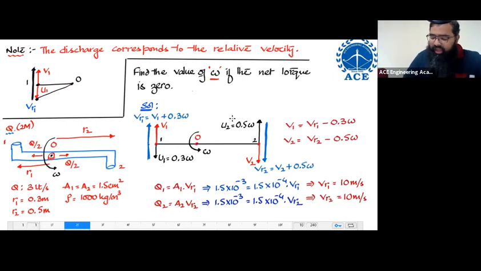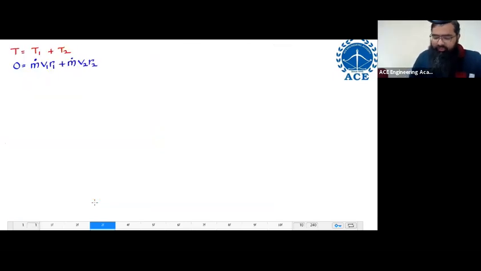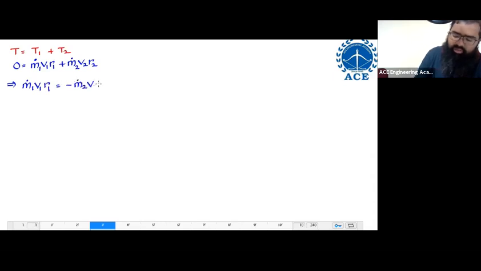Since both of them are having same direction of rotation with respect to point O, therefore I'm adding them. Okay, fine. Now I can write this implies m dot 1 and m dot 2 should be there. M dot 1 into V1 into R1 has to be equal to negative of m dot 2 into V2 into R2.